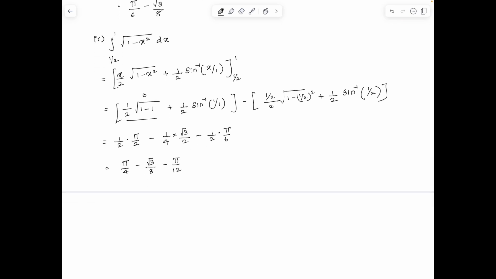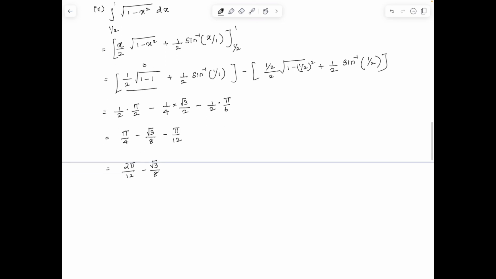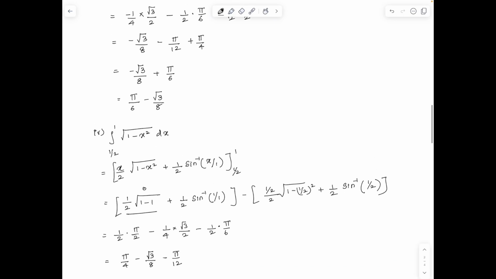On simplifying this, we get 2 pi by 12 minus root 3 by 8, which is pi by 6 minus root 3 by 8. So the option is C.